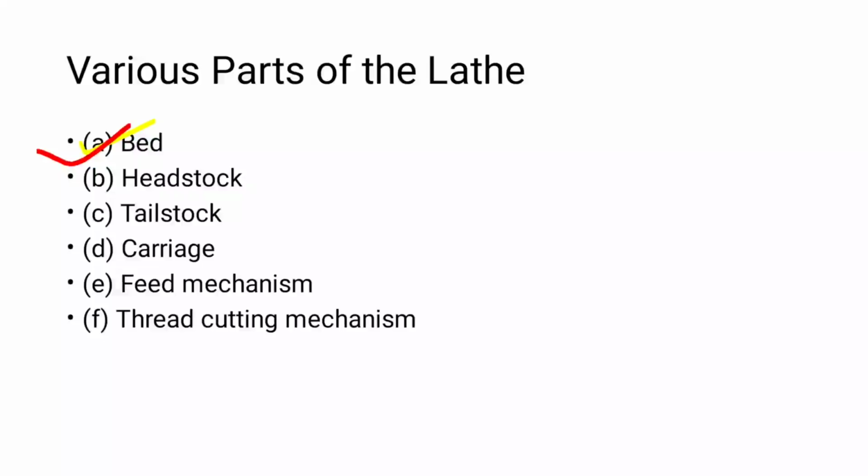Also, it has to withstand various forces exerted on the cutting tool during the operation. While cutting operation, much force is acting on the bed. So the role of bed is also to withstand the various forces exerted on the cutting tool. Is it clear? Now we will see the bed.